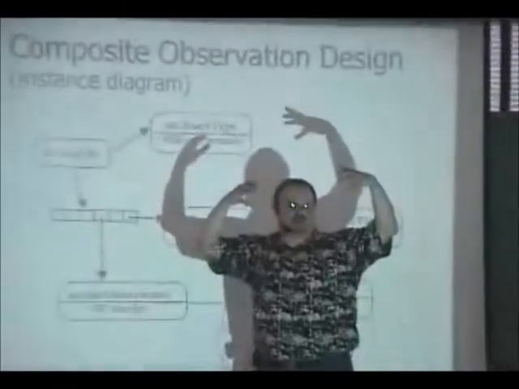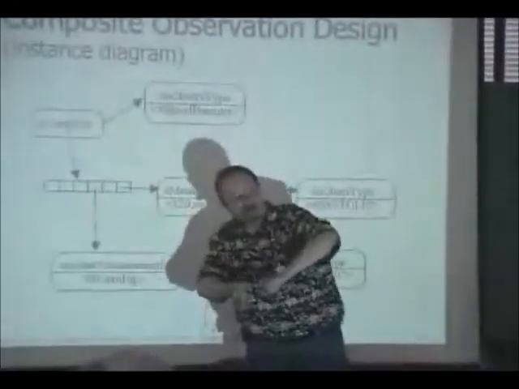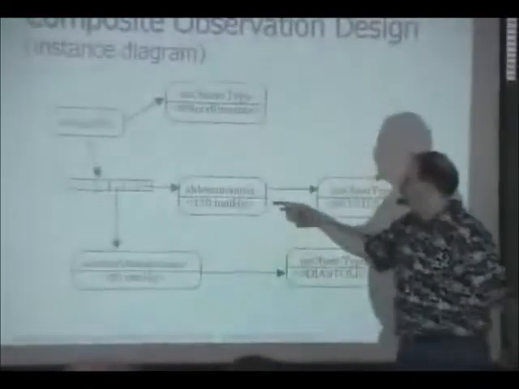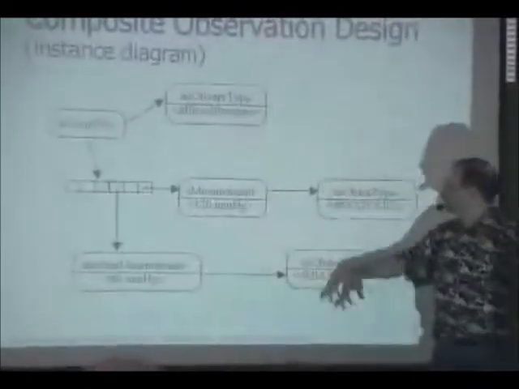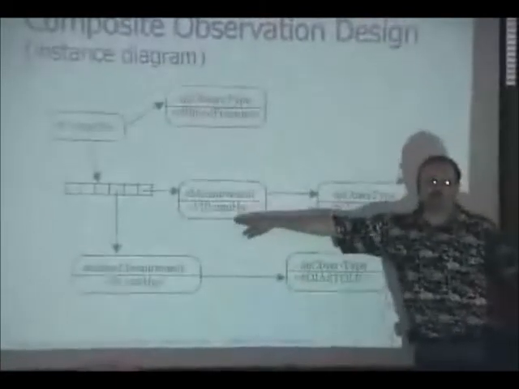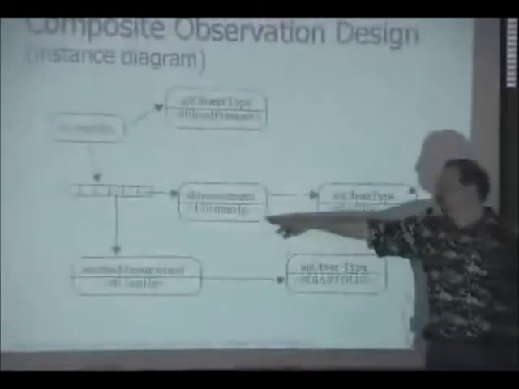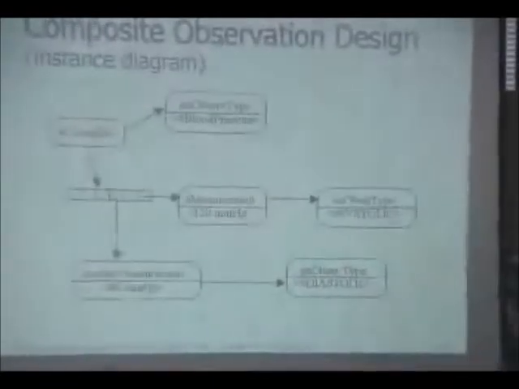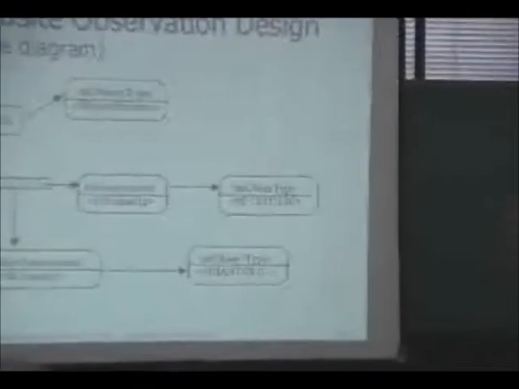That's the composite pattern: you're composed of sub-pieces, possibly until you get down to the leaf nodes. The 2 leaf nodes happen to be 2 measurements. One is 120, which I'm simplifying by just putting the value here rather than showing a quantity object. It would really go to a quantity object, right? And then over 80, okay? Sometimes you have to simplify your diagrams to make them easier, so that's what I've done there.